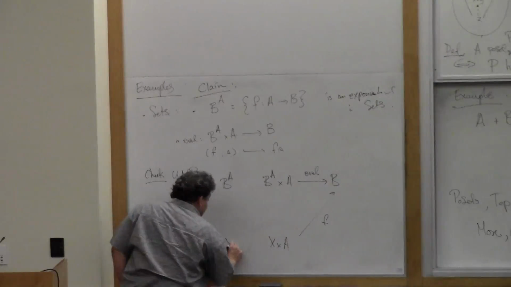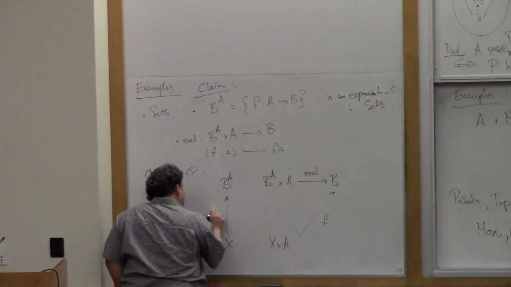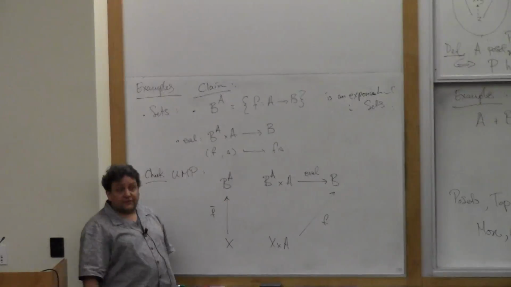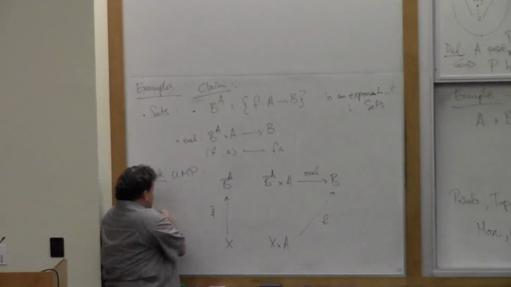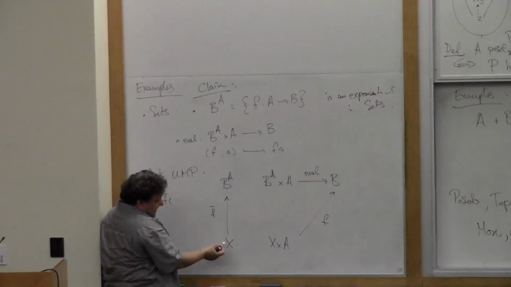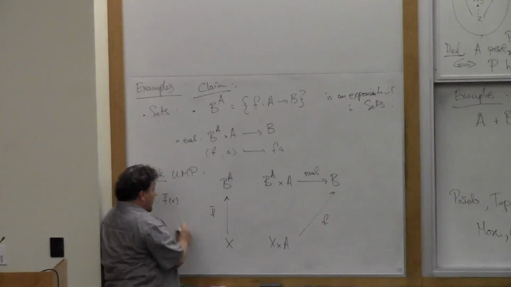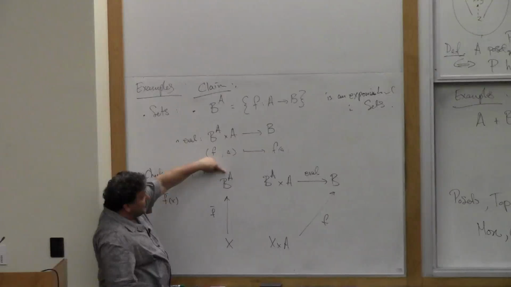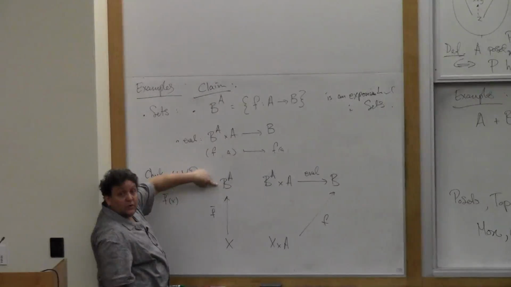So now what I need to do is I need to get f bar over here. So what should it be? Well, f bar I'll define to be, well, it takes an argument from X, and it's supposed to return now a function from A to B. Well, what should I take?